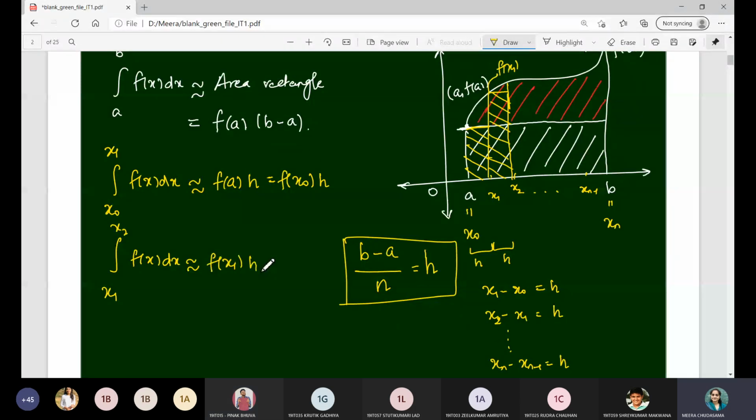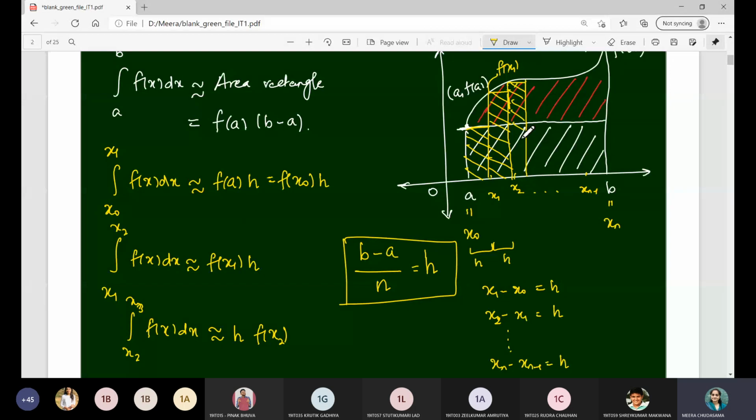Similarly, x2 to x3 f of x dx, if I consider, then it is h into f of x2. That means in our case, suppose this is x3, then it is represented by this rectangle. Likewise, when we consider the last one, it will be this one.